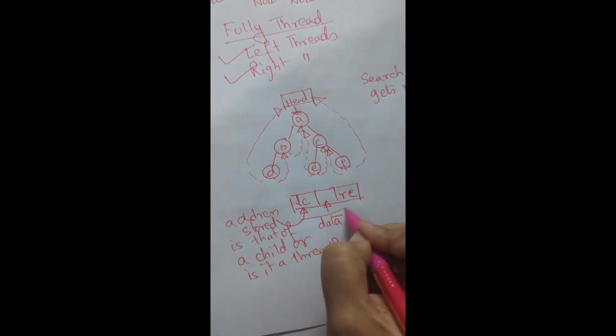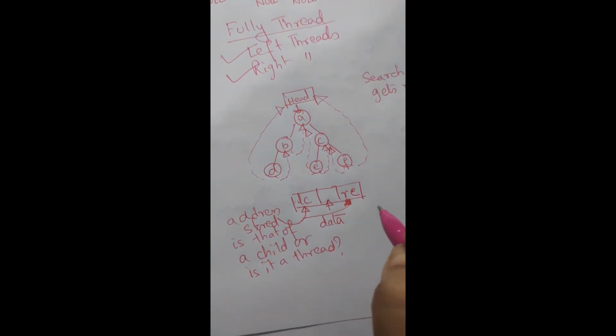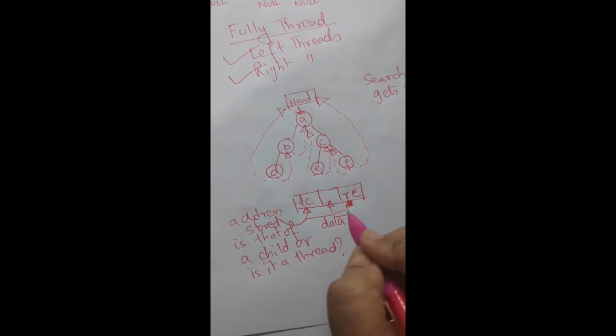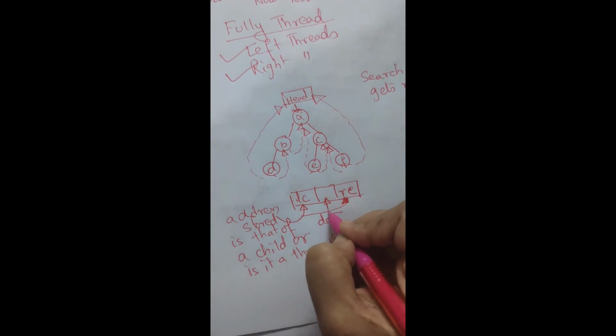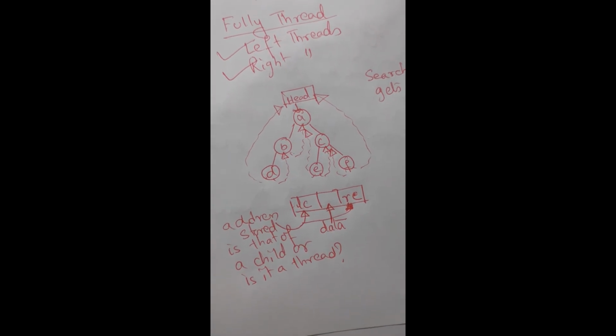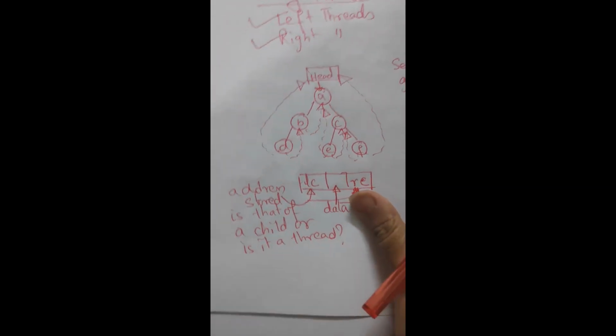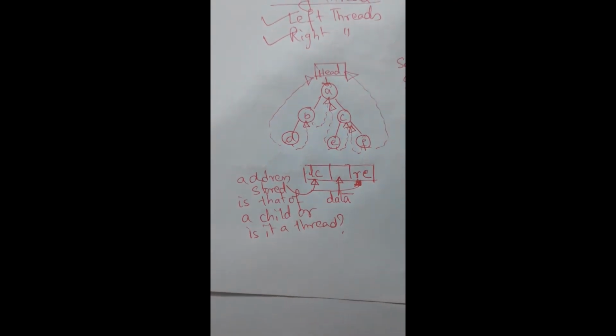When I am storing the address of the in order successor or in order predecessor in this place or this place, how would you identify that these are not child links, these are threads? How do you make that differentiation? So this is a question.